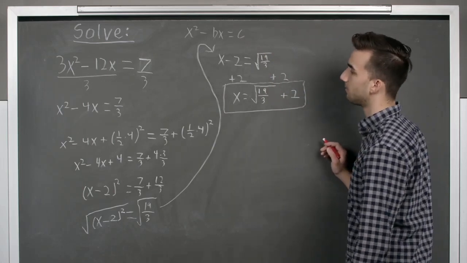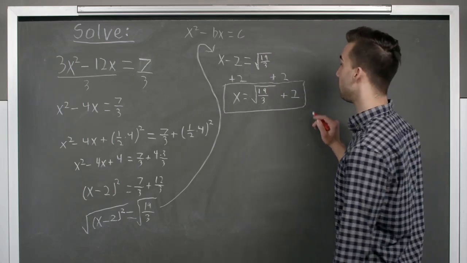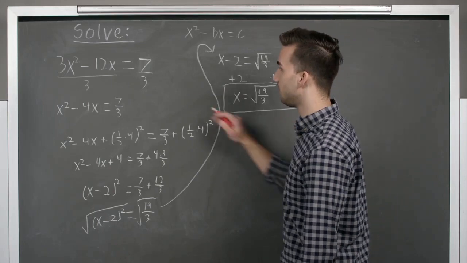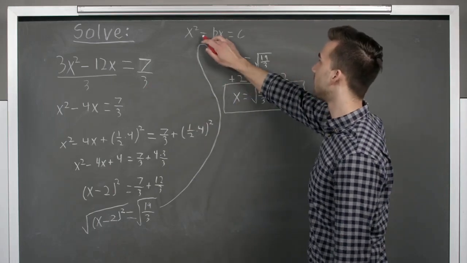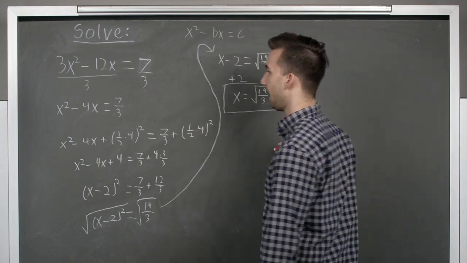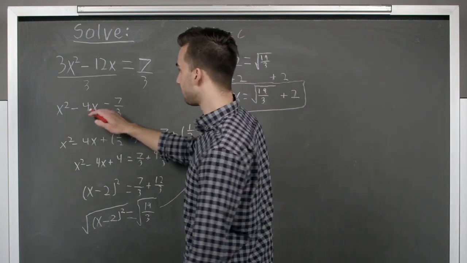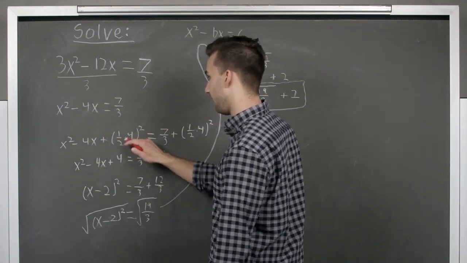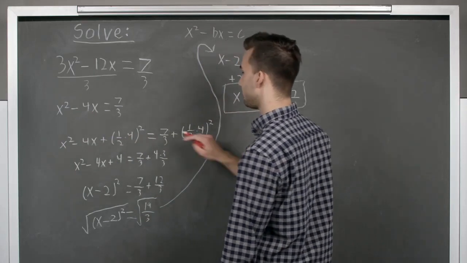So once again, for completing the square, you need to get the equation in the form x squared minus bx equal to c. And then at that point, once you have it in the form, you can add 1/2 b squared to both sides.